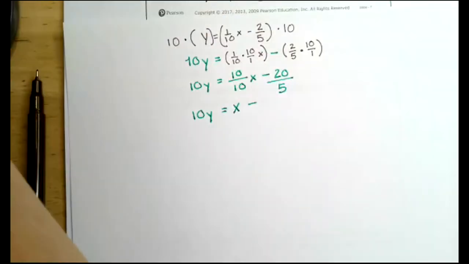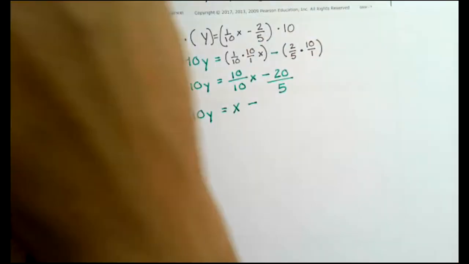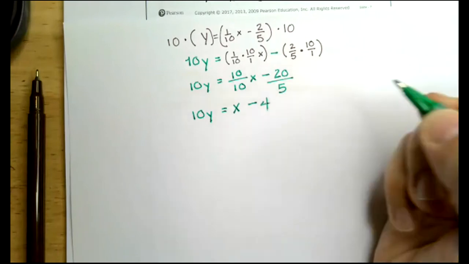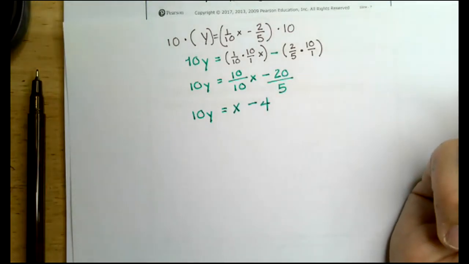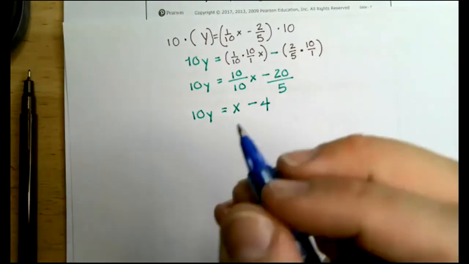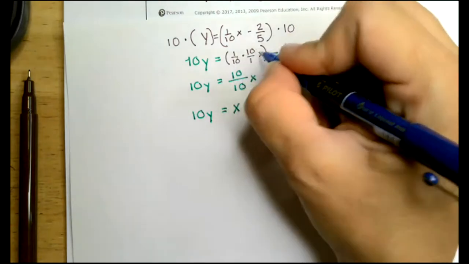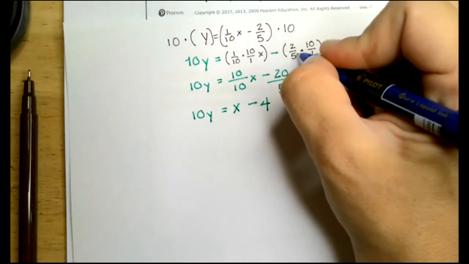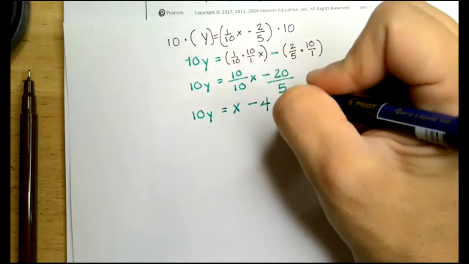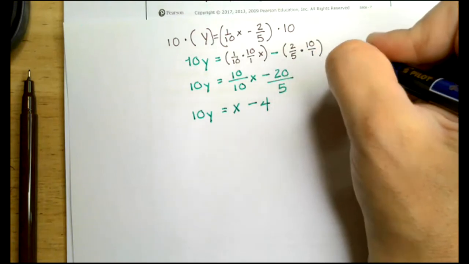And then 20 divided by 5 is 4. You could also get there a little faster by saying the 10s eliminate, and the 5 becomes a 1, the 10 becomes a 2, and then you have 2 times 2 is 4, 1 times 1 is 1.